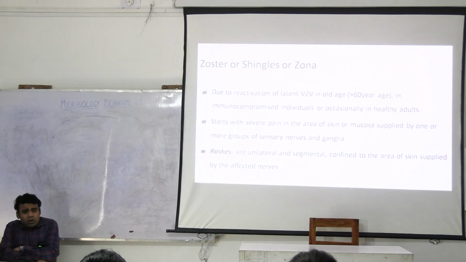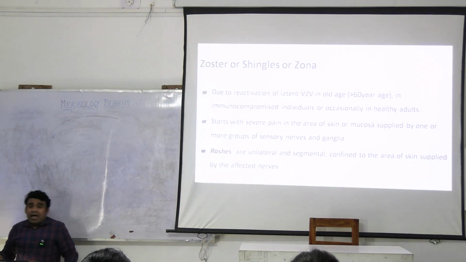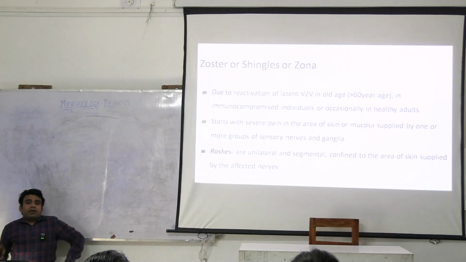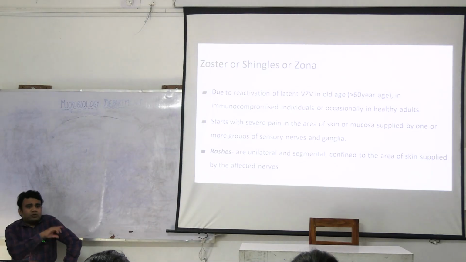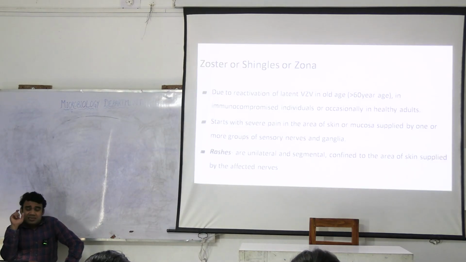It's very commonly seen in the spinal ganglia, and there it remains latent. Whenever the immune status of the patient decreases, it reactivates, and commonly these spinal nerves which supply specific dermatomes of the body will have herpetic lesions. This is called herpes zoster.